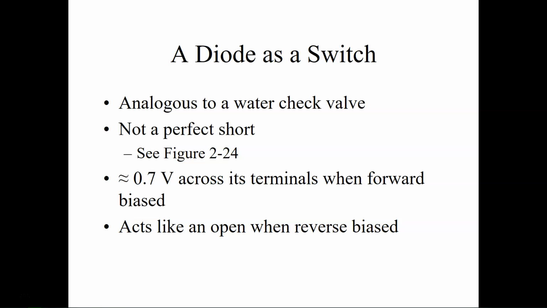Okay. It's not perfect because you have to have approximately 7/10 of a volt across the terminals when you have it in forward bias. And in the reverse, it acts as an open. So in some ways that would be a good thing, in other ways maybe not so much, since I know some machines that if you do that, it will just clear the memory of everything it ever knew.